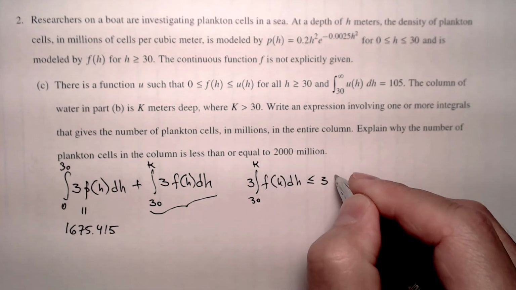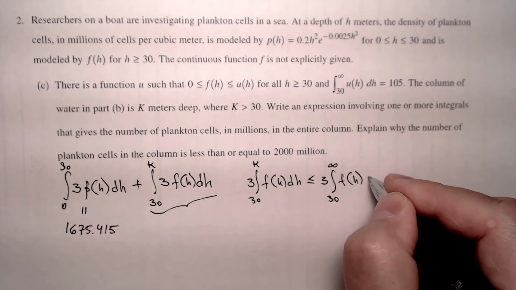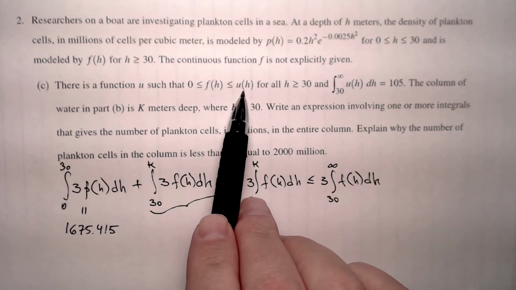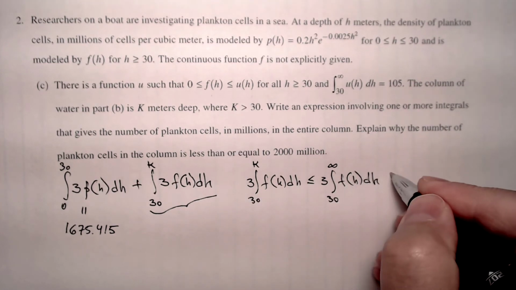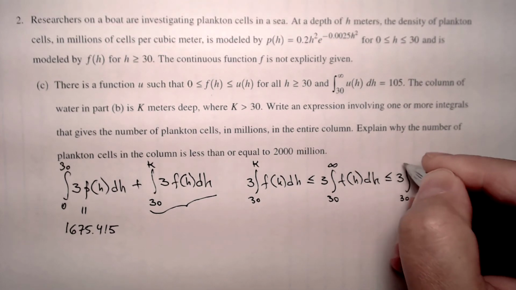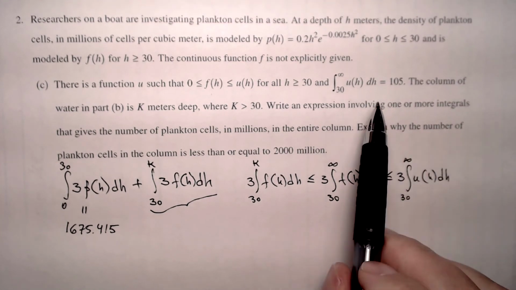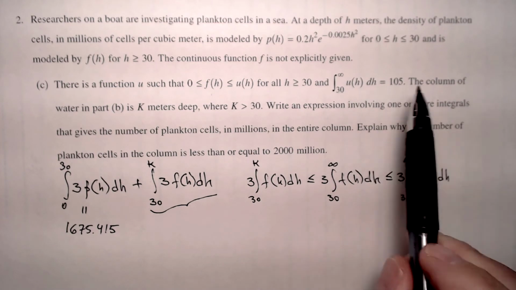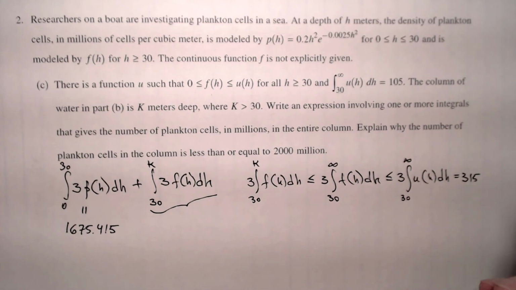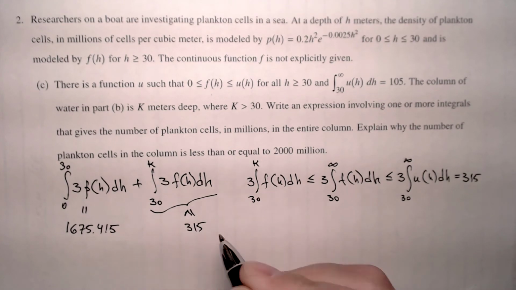It's less than or equal to 3 times the integral from 30 to infinity of f of h dh. And then because pointwise f of h is less than or equal to u of h, this is less than or equal to 3 times the integral from 30 to infinity of u of h dh. And this integral we are given is equal to 105. So 105 times 3 gives us 315. So the upper limit on this integral is less than or equal to 315.